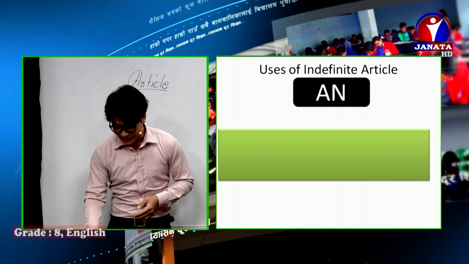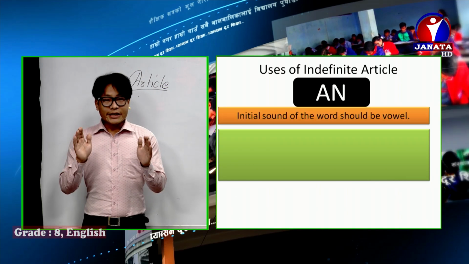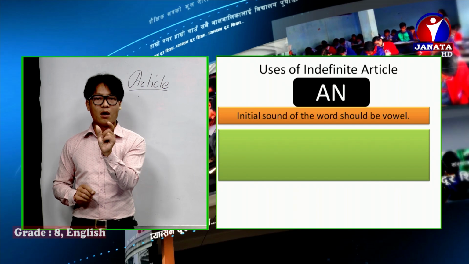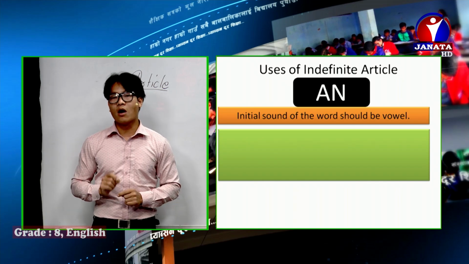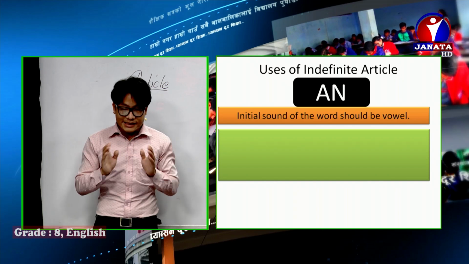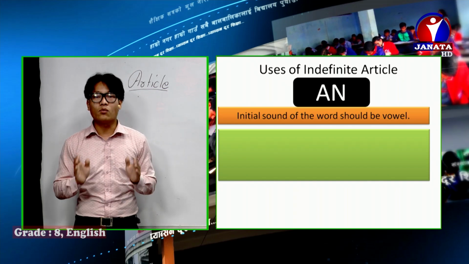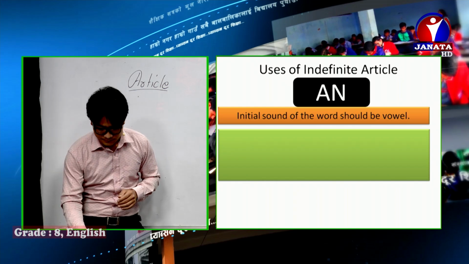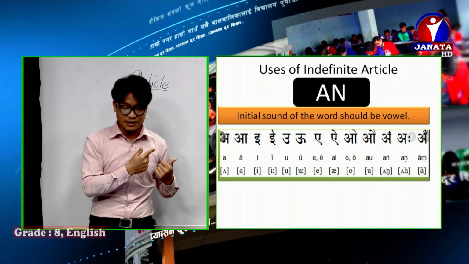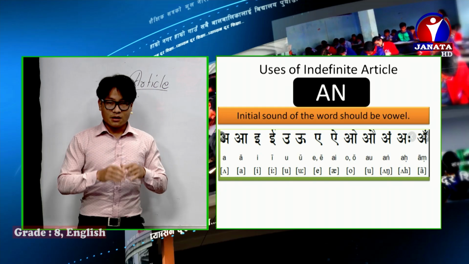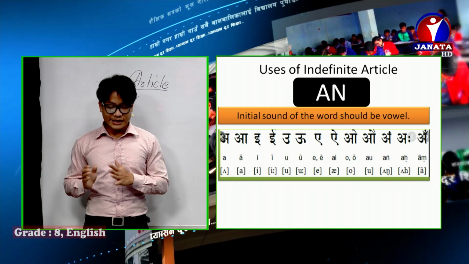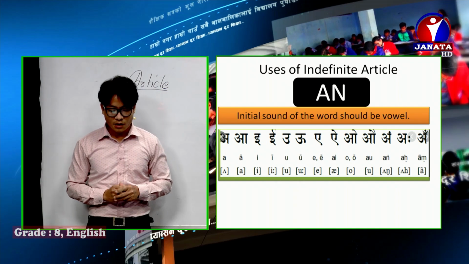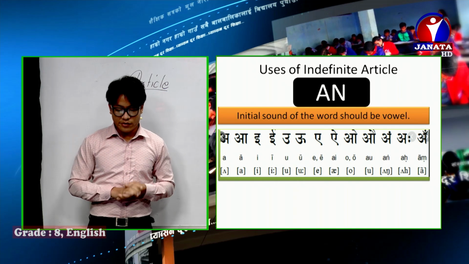So, let's start. The initial sound of the word should be vowel. While pronouncing the word, the initial sound of the word should be vowel. So now let's see what the vowel sounds are. And we will also take the help of Swar Varna from the Nepali language. You can see on the screen the Swar Varna, and under it you can see monophthong vowel sounds.